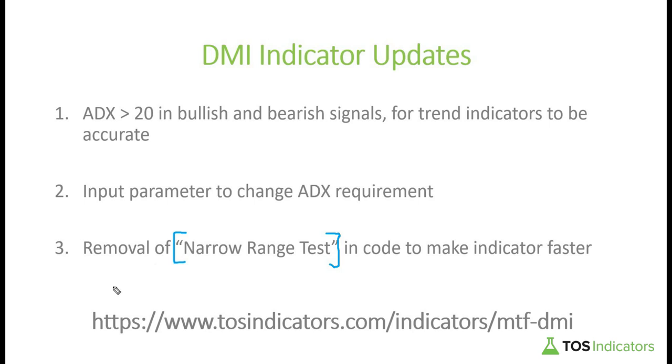And so one way we went ahead and did that is by removing the entire narrow range test condition. And for those of you that watched our first indicator video, you'll remember that there were 6 lines of code per chunk of each time frame for the narrow range test. And so by removing this, we were able to trim down our code quite a bit, as well as some of the calculations required in our code.